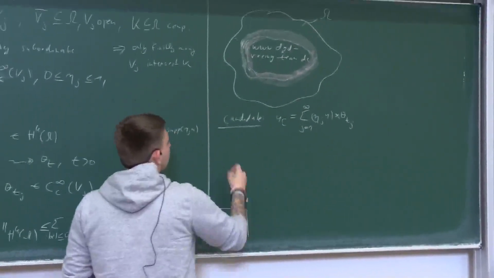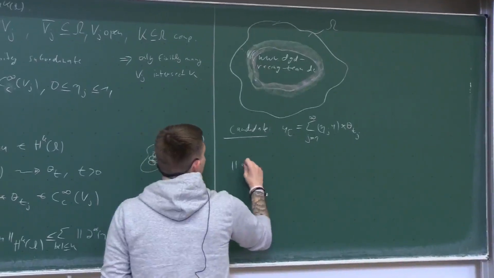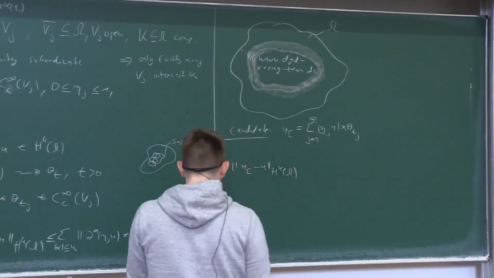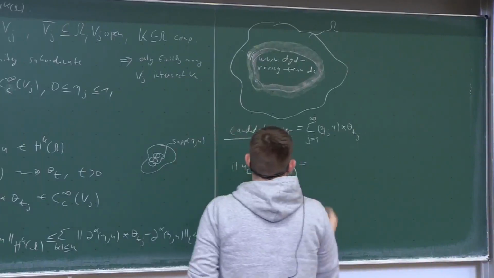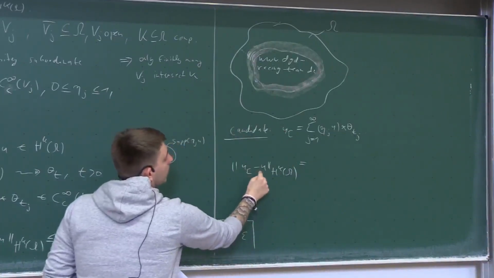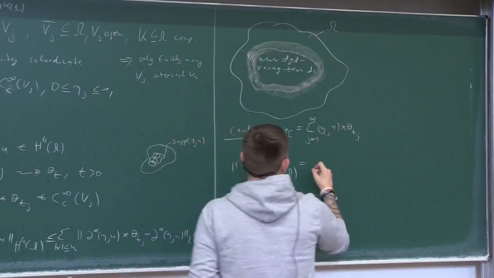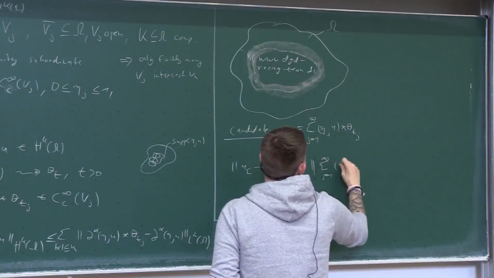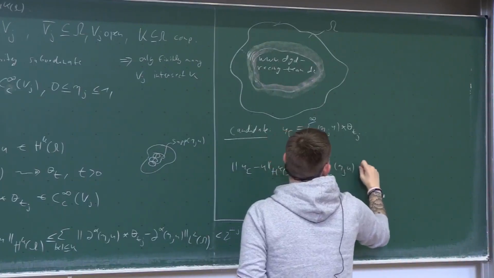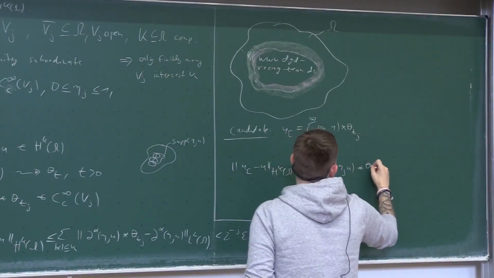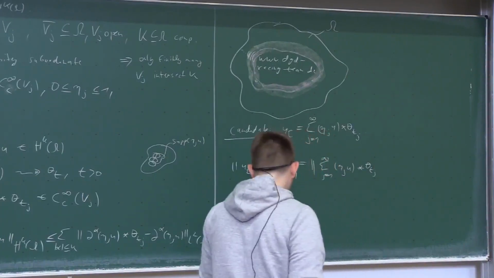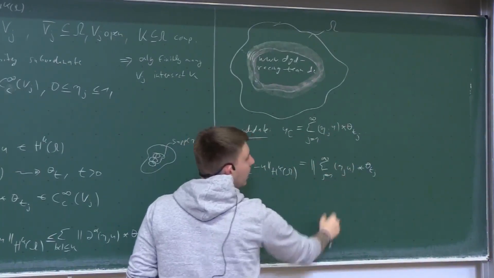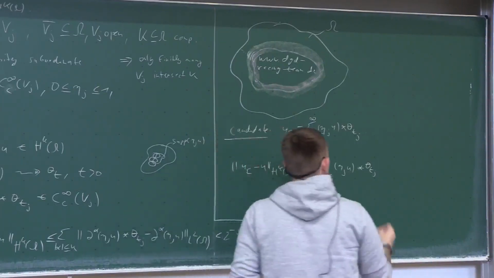Just calculate the difference in the H^k norm. So here we have u_epsilon minus u in the H^k(omega) norm. We can use the partition of unity also for the u. So this will give me the norm of the sum from j equal to 1 to infinity of eta_j u mollified with theta_{T_j}, and on this u I also use the sum over eta_j, and that is 1 by partition of unity.